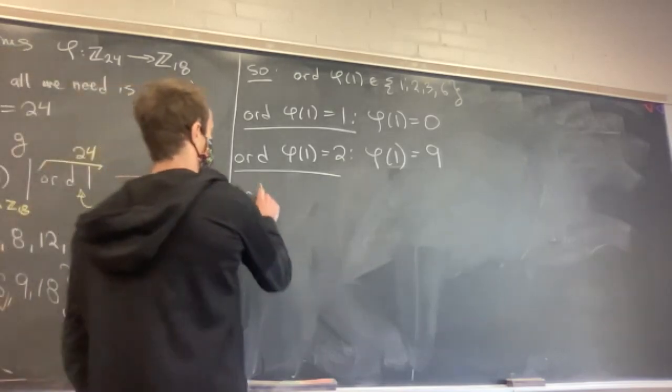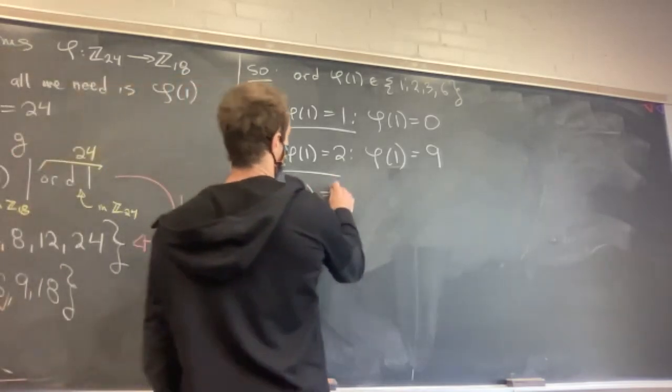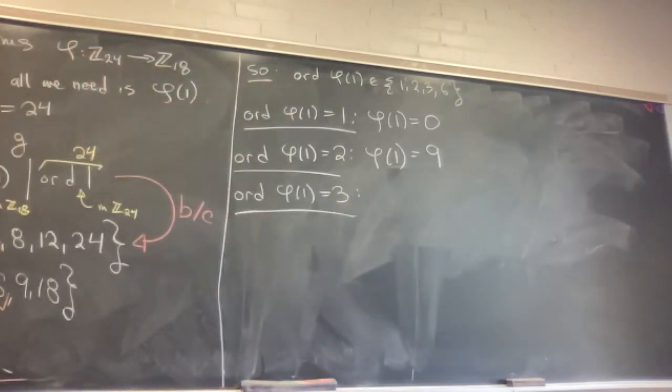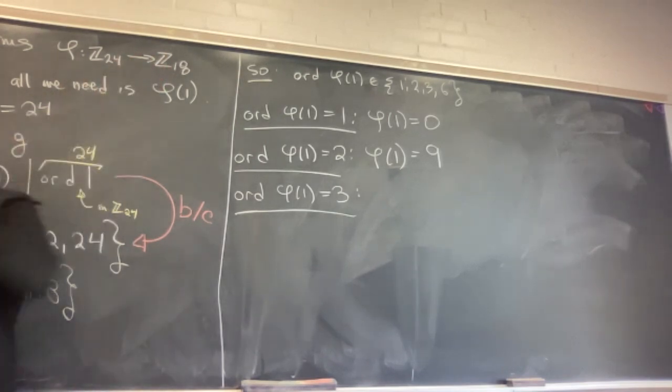Now let's go to the next one. Order of phi of 1 equals 3. Now we've got to find elements that are order 3. That means you add them to themselves 3 times, so person plus person plus person equals identity. Well, no, 9 plus 9 plus 9 is 27. We're in Z18.